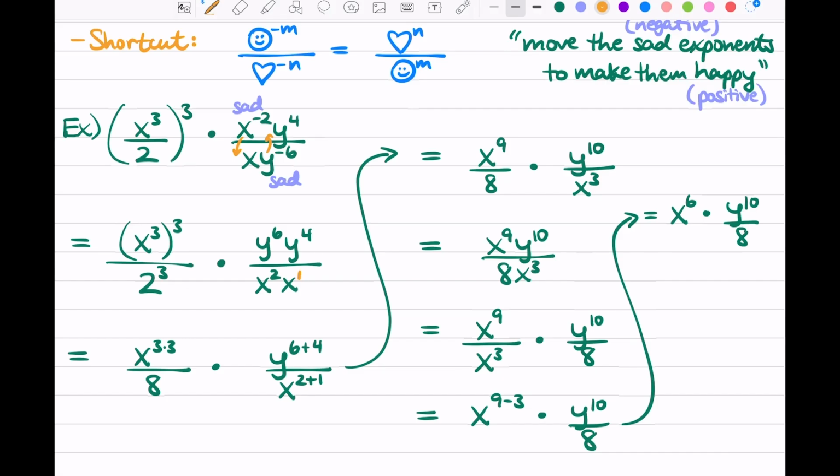Now we just need to multiply our two pieces together, and we can think of x to the 6th as x to the 6th divided by 1. And now we have two fractions that we can multiply across. So our final answer is going to be x to the 6th times y to the 10th divided by 8.